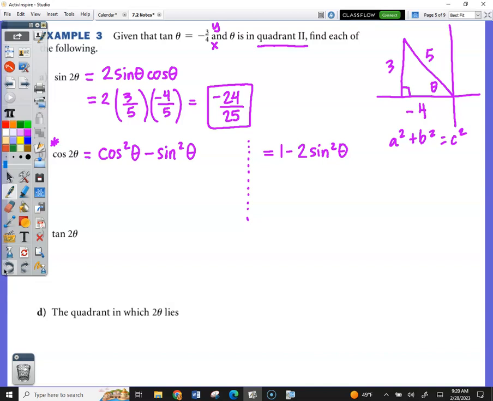Okay? So right here, this says cosine squared of theta. Well, what is cosine theta? Negative 4 over 5. So I'm going to replace this with negative 4 over 5, and it's squared. Don't forget that part.